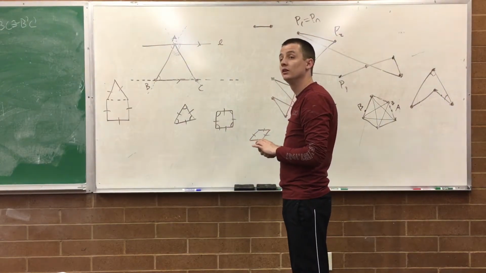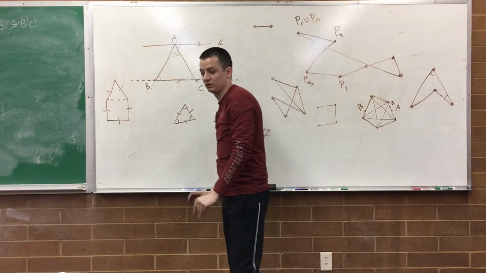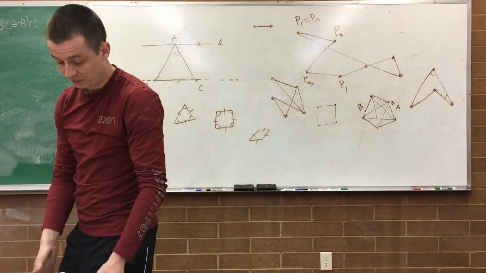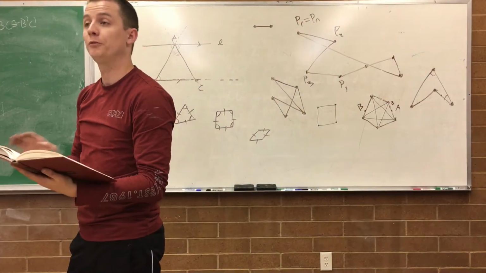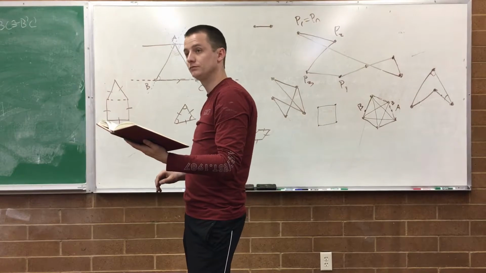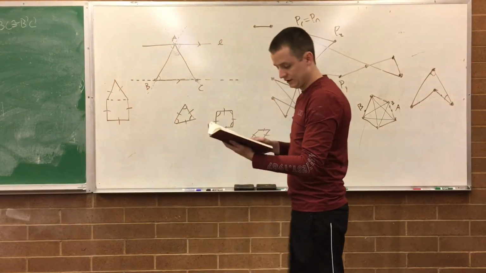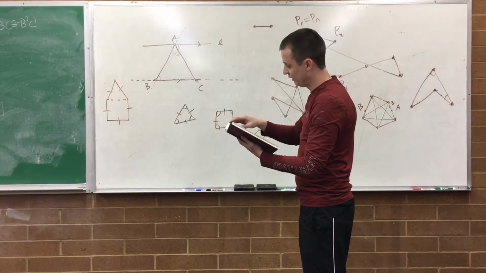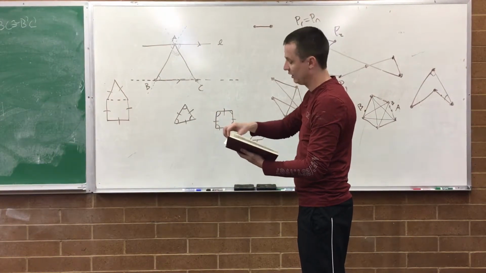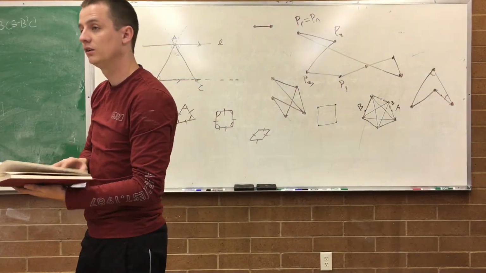Okay, so you can't have a one-sided polygon, because you don't have any segments. Maybe the author didn't bother being very precise. No, you do have segments with a one-sided polygon, because it's got one side. It's just not a polygon because it doesn't... See, but then I don't know where he gave the interior. I don't think he gave us a definition of the interior and exterior, because there's no way to do it for that.